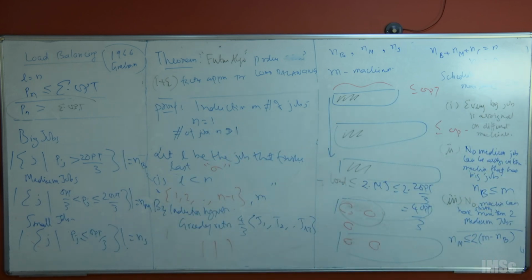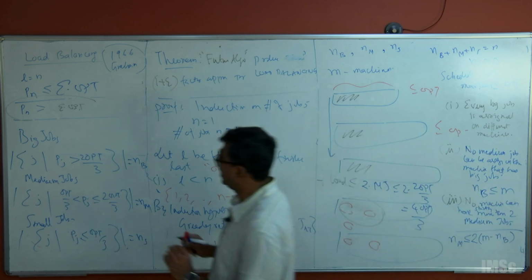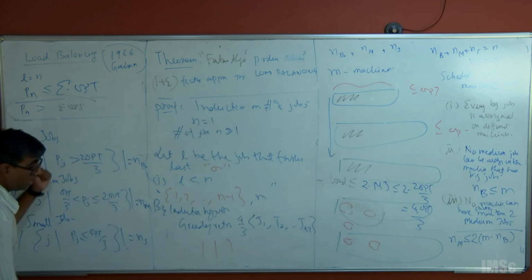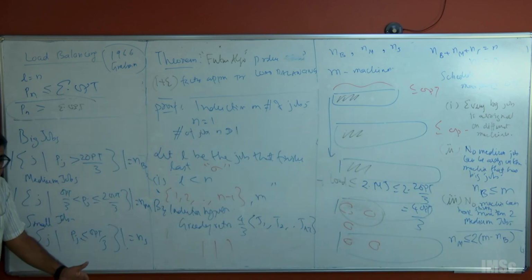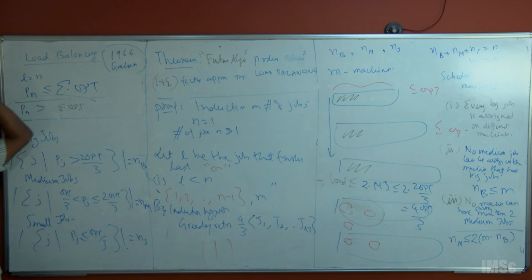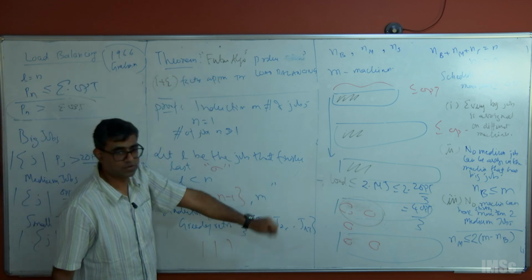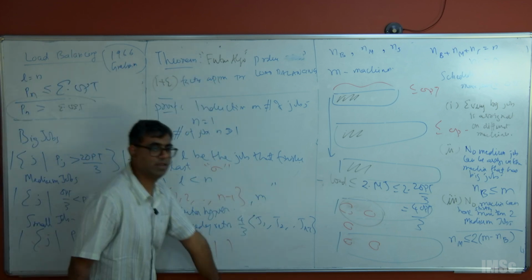But what is small, what is big? We need this understanding of definitions, which is very unclear to us at this point of time. You understand what I am saying, right? But all I care about is that if my last item is less than epsilon times opt, then the induction hypothesis for whatever algorithm I make will work.